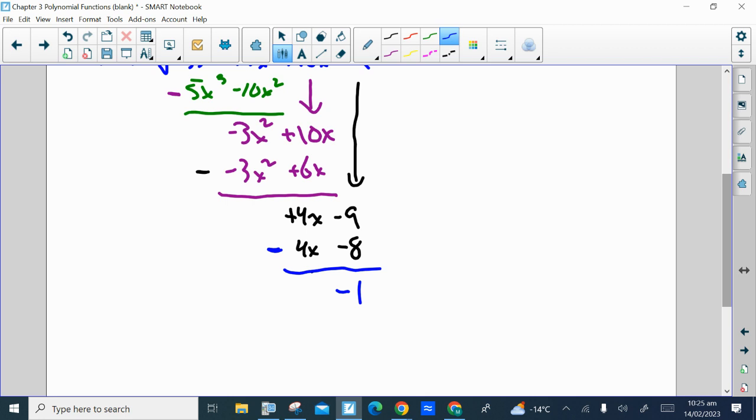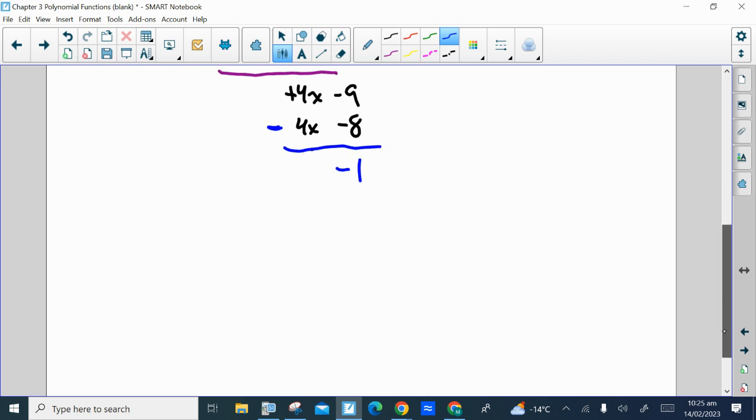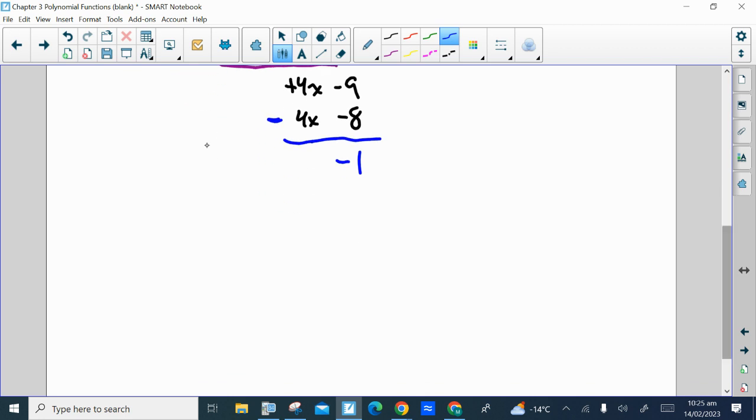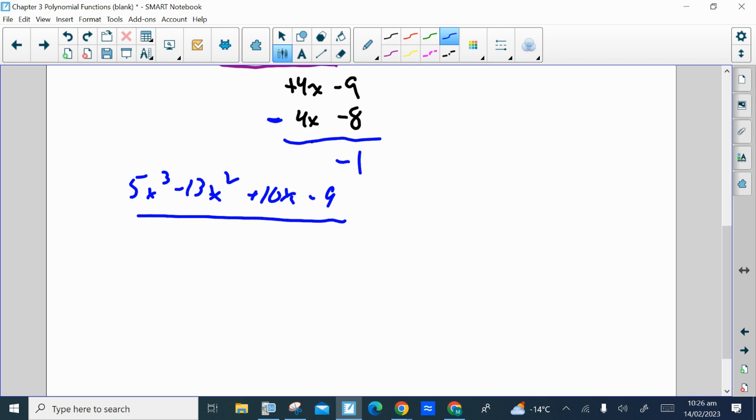So if we write our division statement here, instead of writing out the entire polynomial, I'm going to write 5x cubed minus 13x squared plus 10x minus 9, divided by x minus 2.